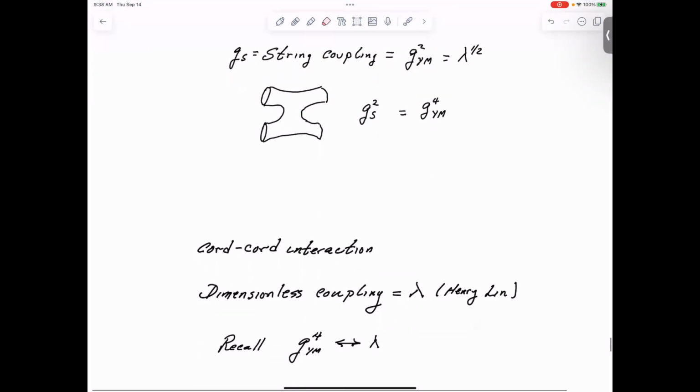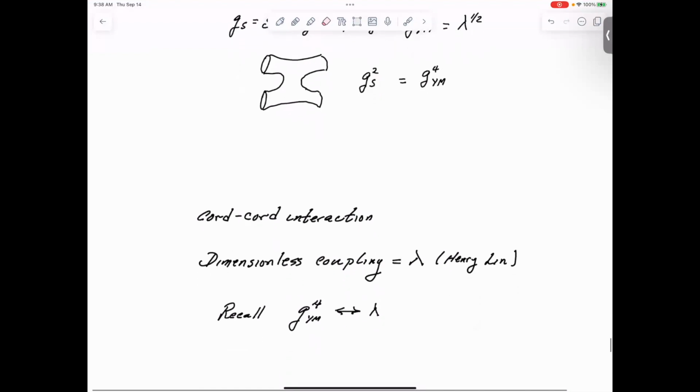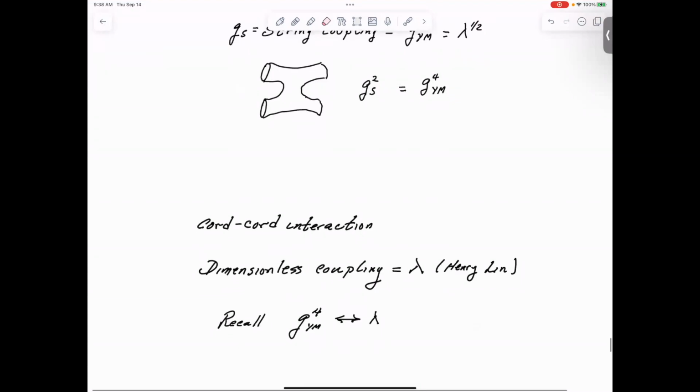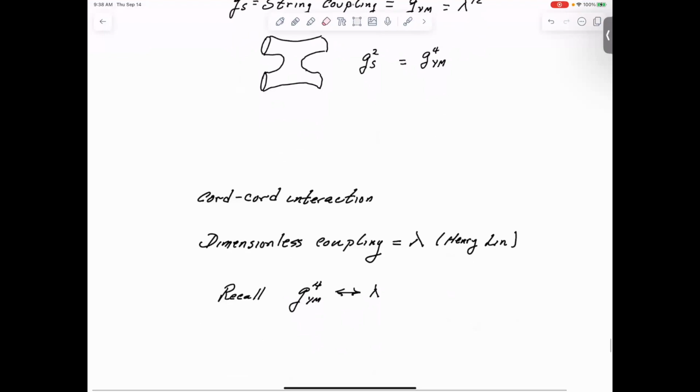What about chord-chord interactions? Chord-chord interactions also have a coupling constant. I am told, though I don't understand this fully myself, that the coupling constant for the interaction of chords, the corresponding diagram in which two chords scatter off each other, is lambda, the lambda parameter, which is like G Yang-Mills to the 4th.